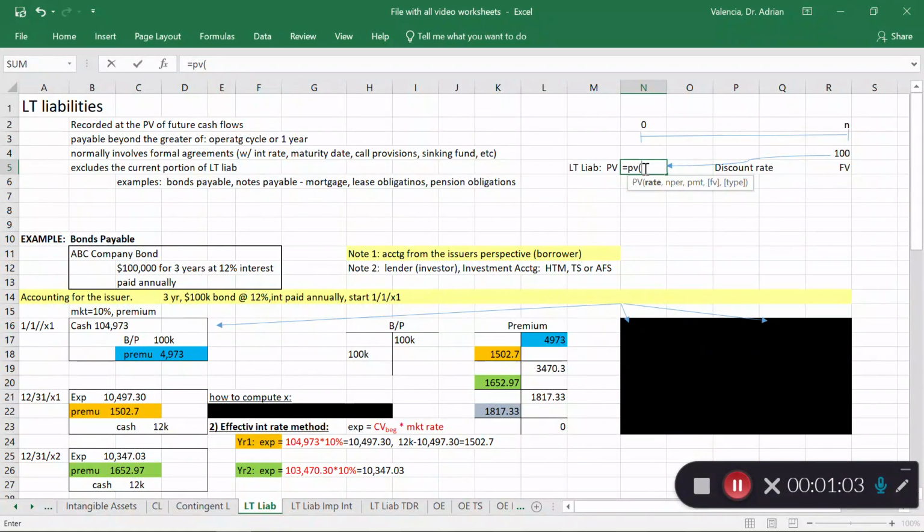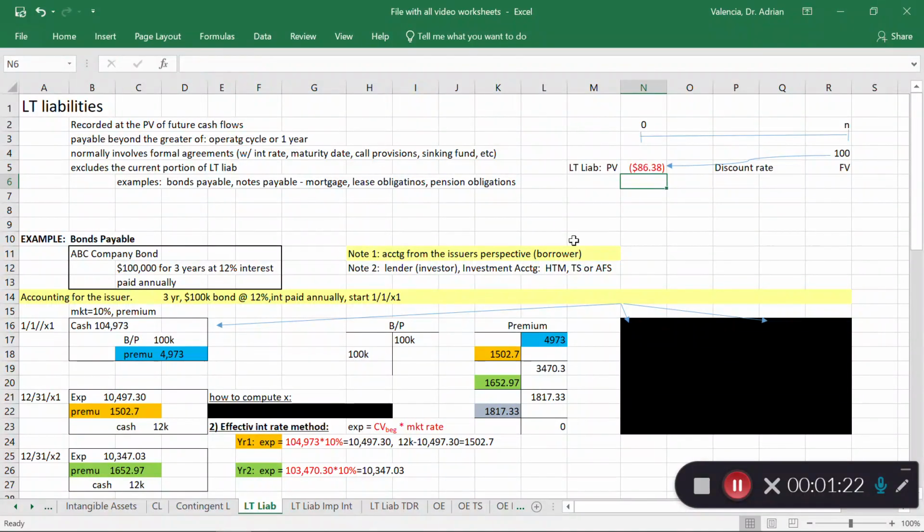And let me just make up a rate. Let's say that the rate is 5%, and the number of periods, just to make this up, is 3 periods. The future value we said is $100, and this is an end of period calculation.